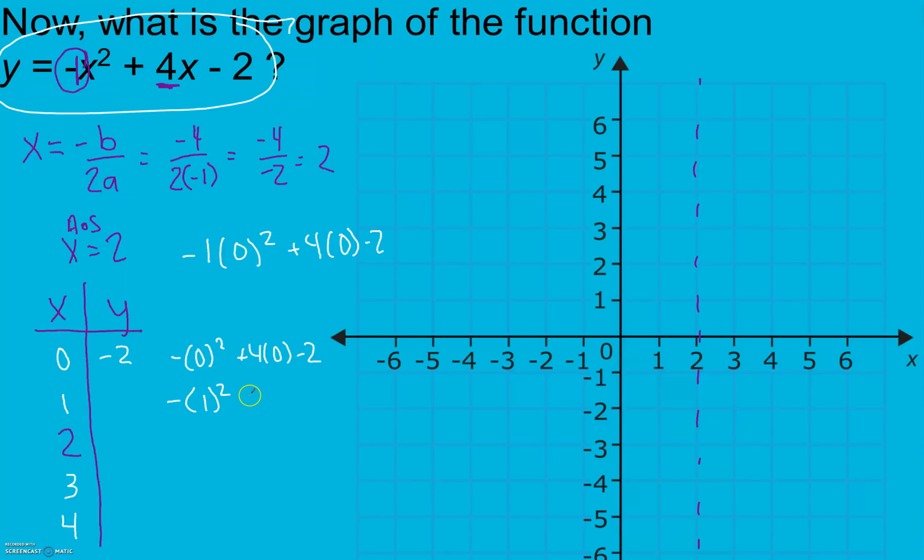Negative, and then x is squared first. So this is actually going to be -1 after we square it. Plus 4 times 1 minus 2. 1. Again, square first and then make it negative. 2. 1.